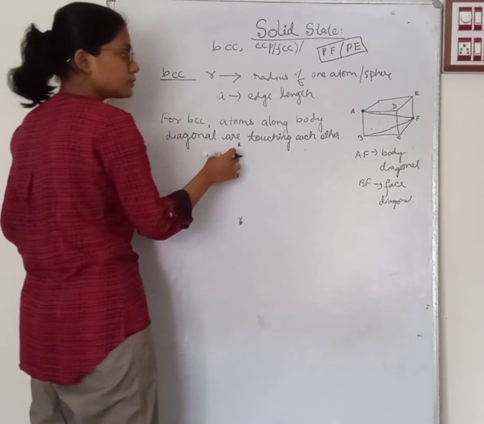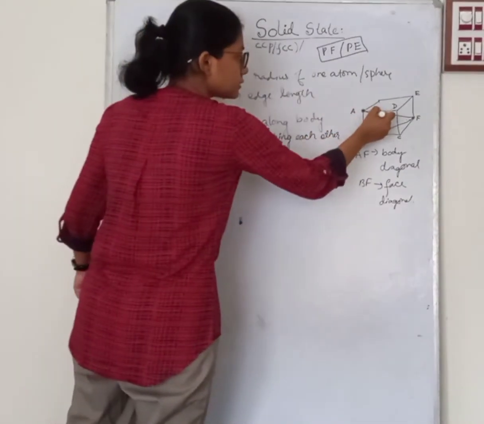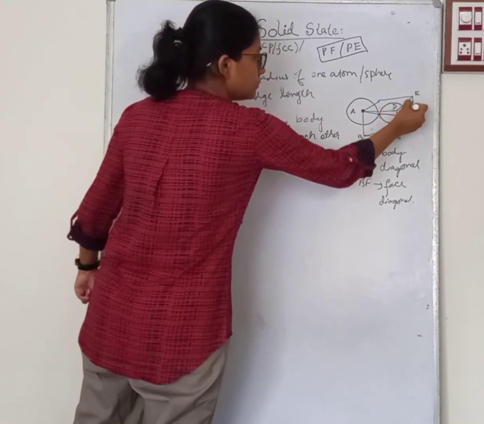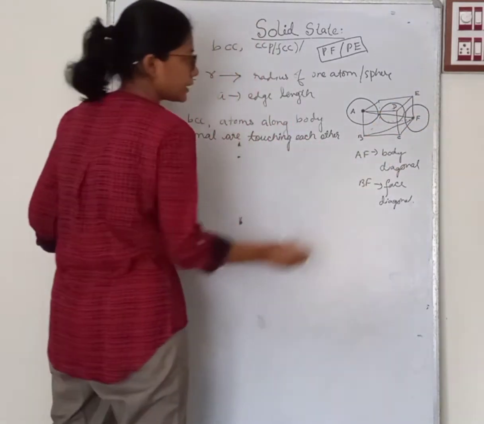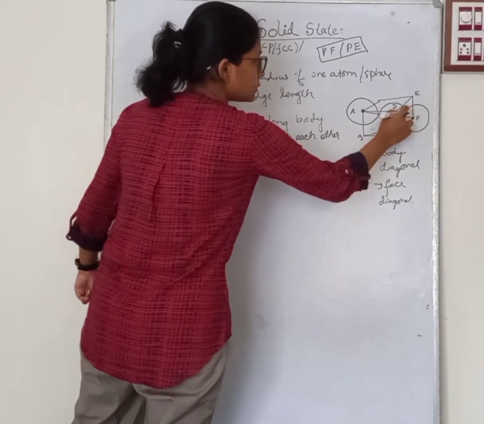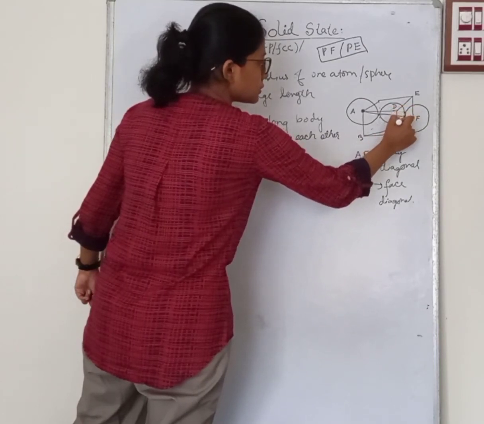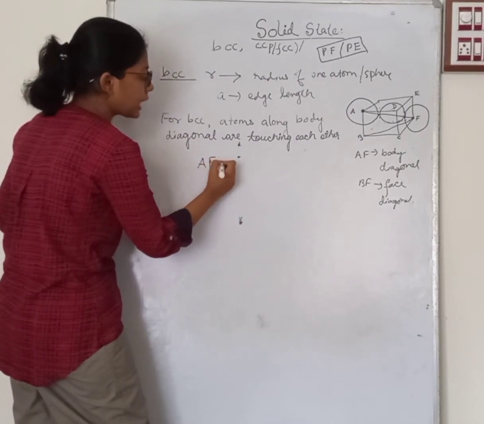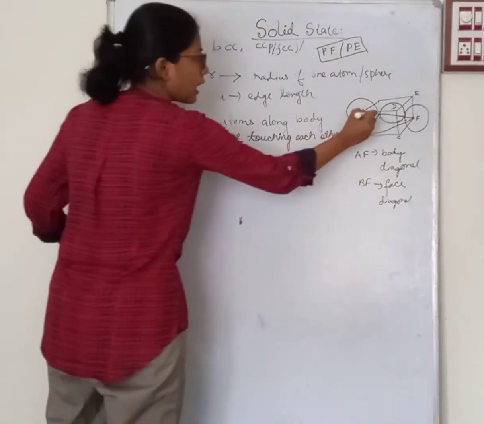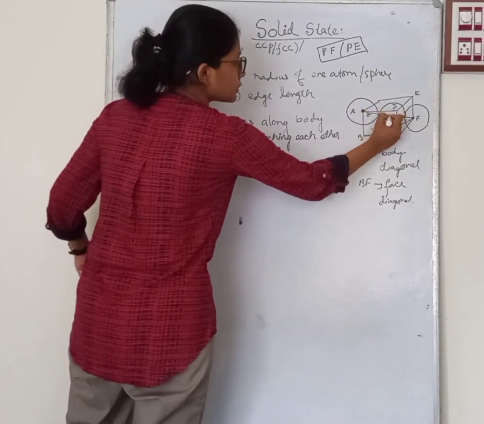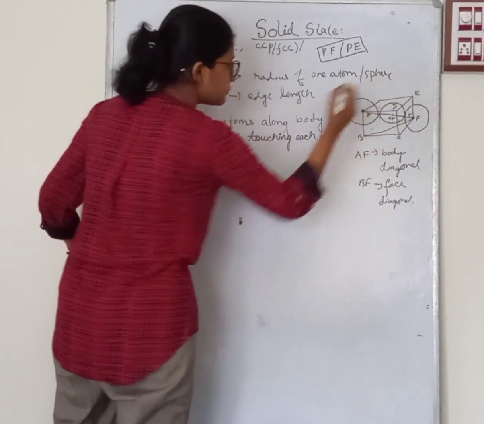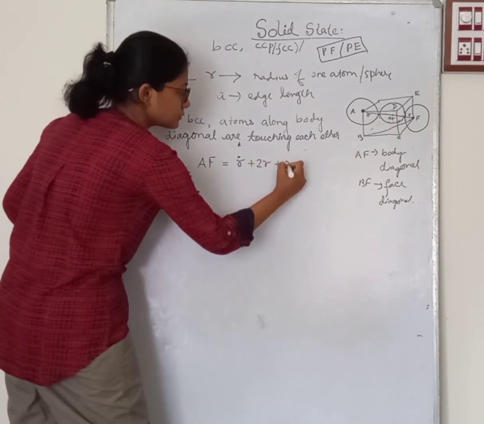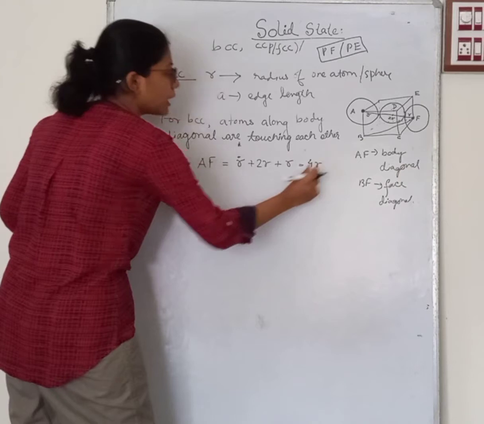Since atoms along the body diagonal touch, corner atom, body center atom, another corner atom, they are touching each other. Therefore, AF is equal to R plus twice R plus R, which is equal to 4R.